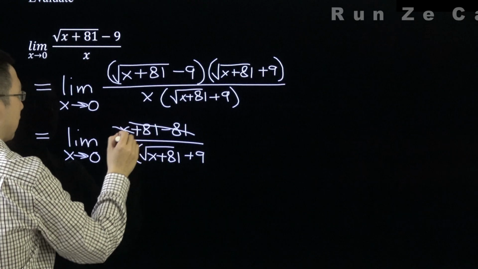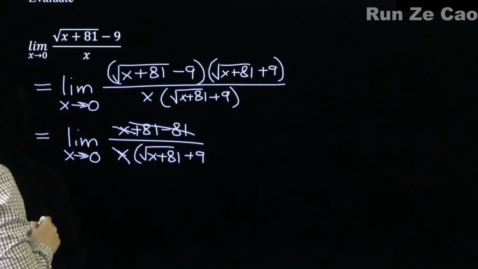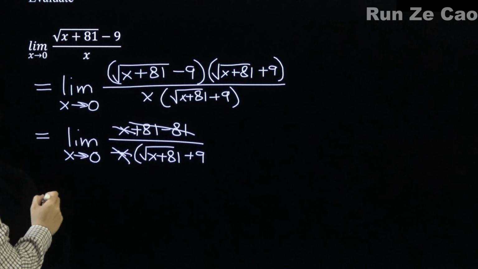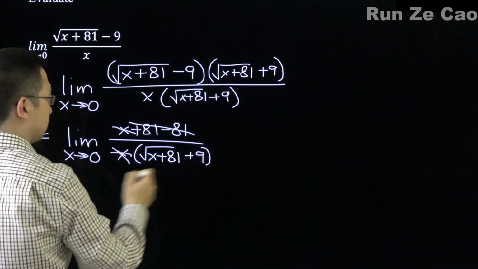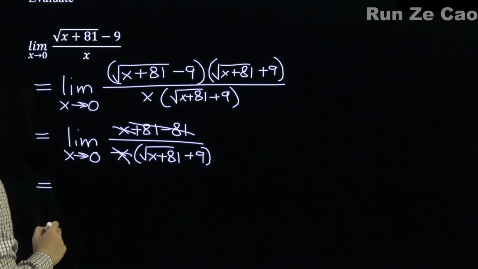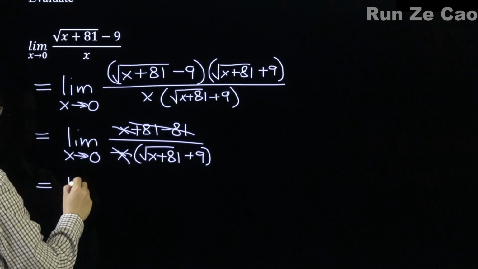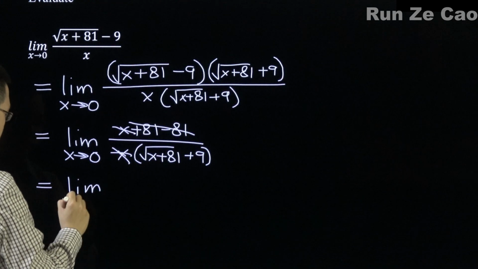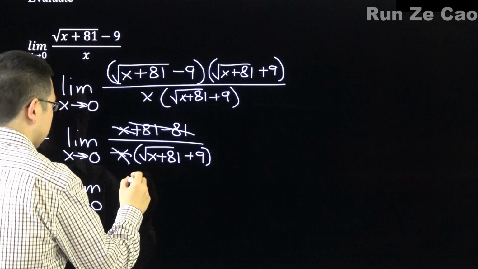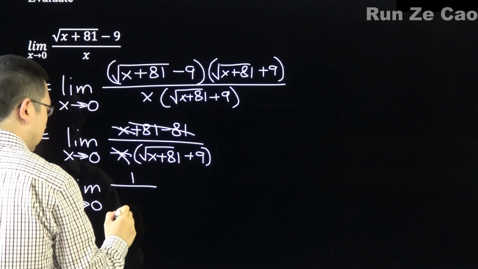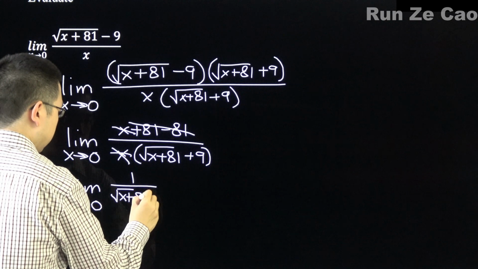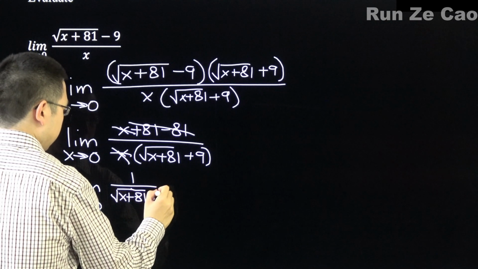We can also cancel the x and this x. Well, okay. X's are not very easy to cancel for a particular obvious reason. So, we end up with limit as x approaches 0 of 1 over root x plus 81 plus 9.